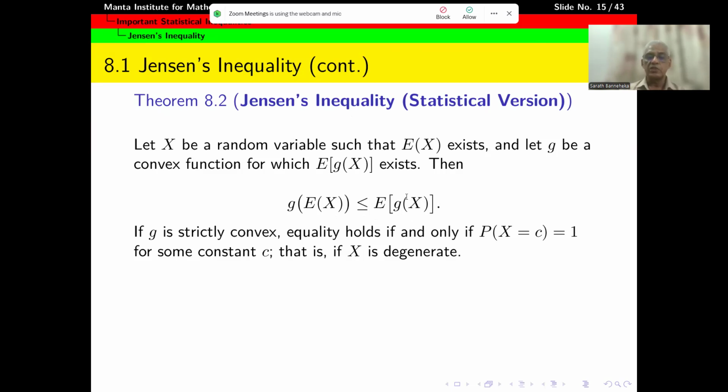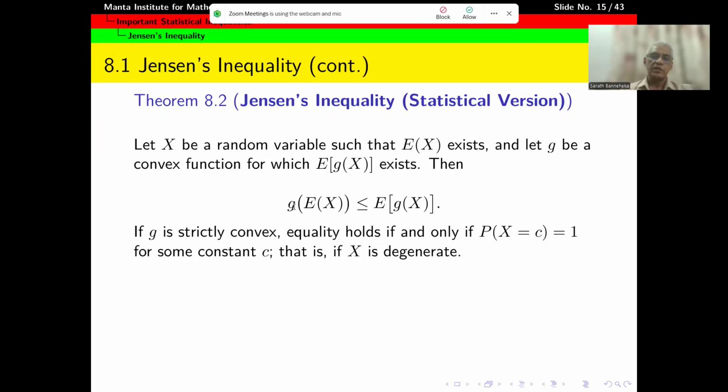Notice here, G of capital X is a random variable. That's why we are able to talk about its expected value. Here, x is a random variable, so we can talk about the expected value of x, and the expected value of x is a constant, it's a real number.